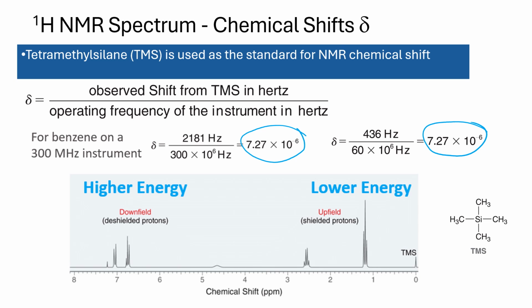That's why we can use those tables in pretty much any instrument. And remember, so this is your standard to mark the zero. Tetramethylsilane, close to that is shielded. As you move to the left, you're deshielding. So upfield, downfield.